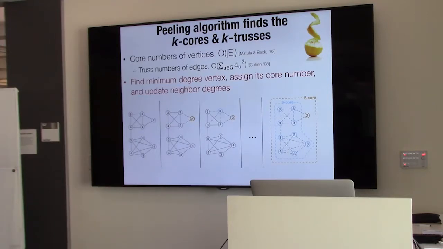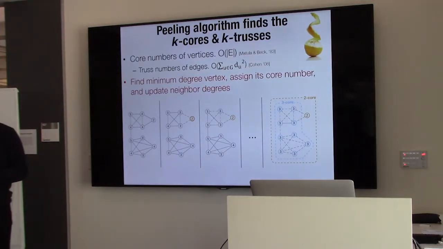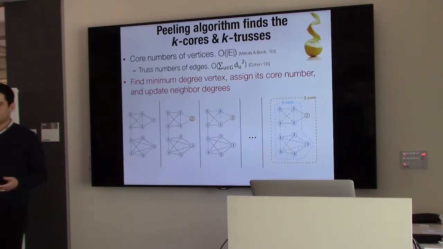So here, I just looked at degree, which is something very simple. For the edges, I need to count the number of triangles, which is harder. The first step is to compute the triangle count of all the edges. This includes the initial truss computation. I see. But then I have to do that repeatedly as I get the triangles out, or no?